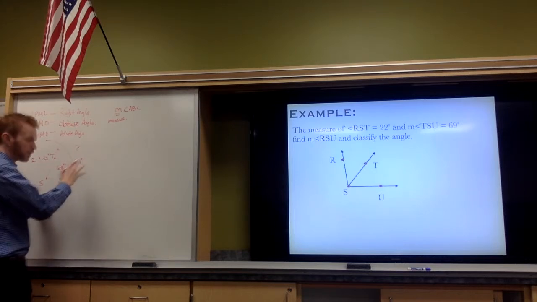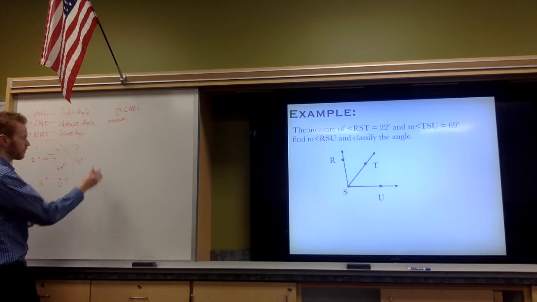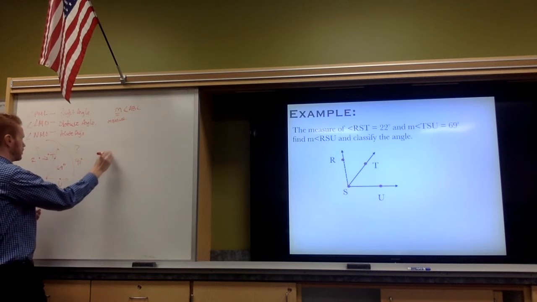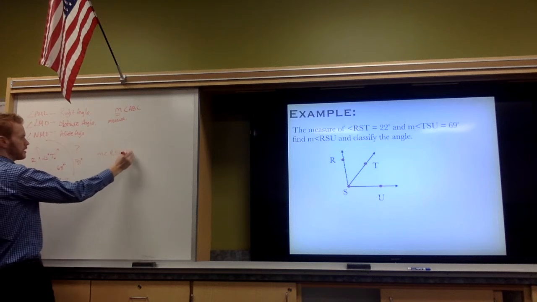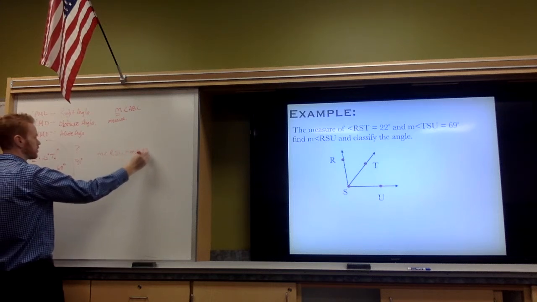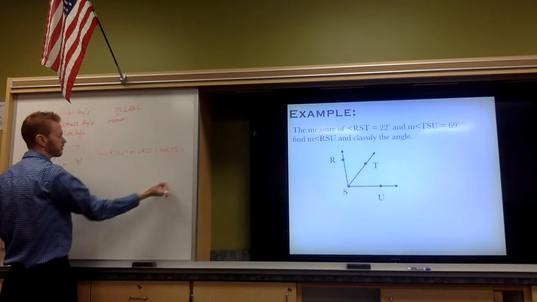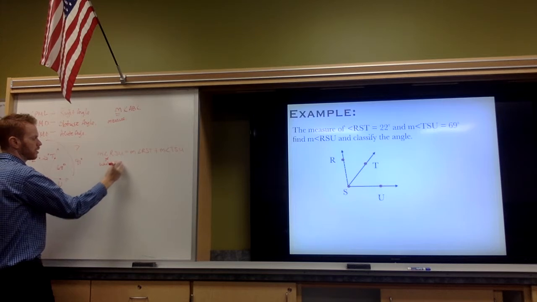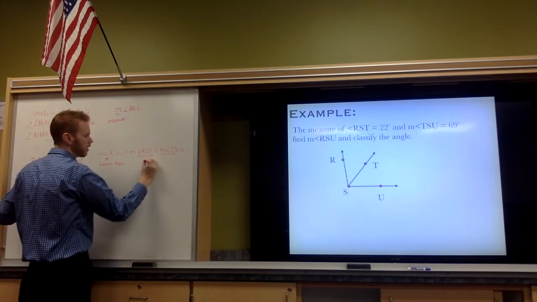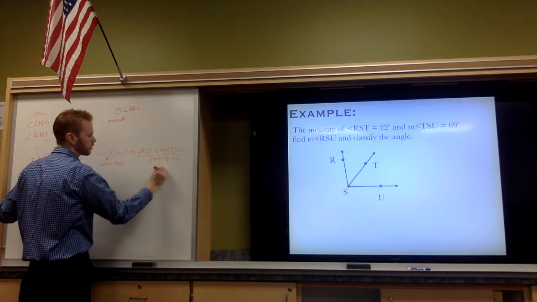So how do I write this using the proper symbols and notations? Well, the measurement of angle RSU, which is the whole angle, is made up of the smaller angles, which is RST and TSU. So once again, this is the whole angle, and these are the parts of the whole angle.